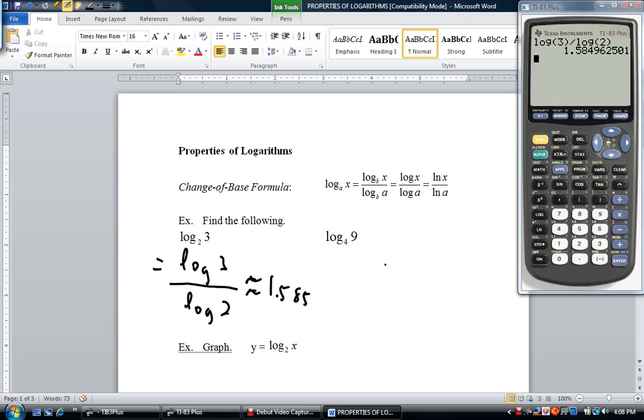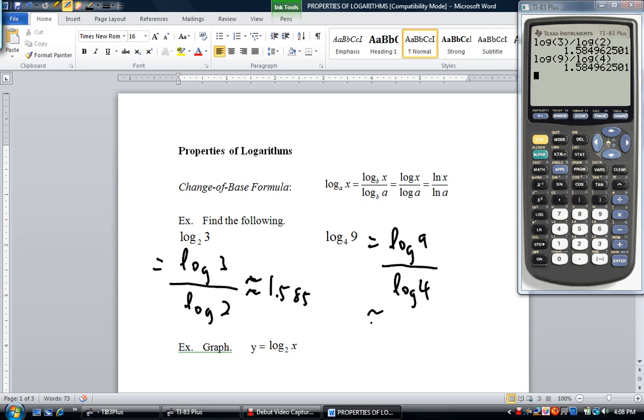Just another one, log base 4 of 9. Let's write this down before I type it in so you know exactly what to do. That's the same as log of 9 over log of 4, because the base goes on the bottom, and 4 was the base. Log of 9 divided by log of 4.